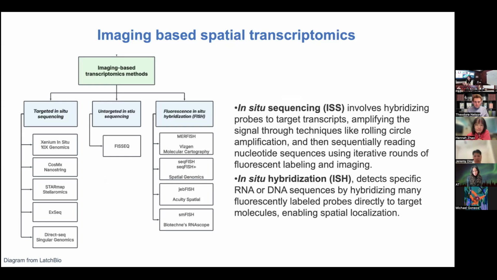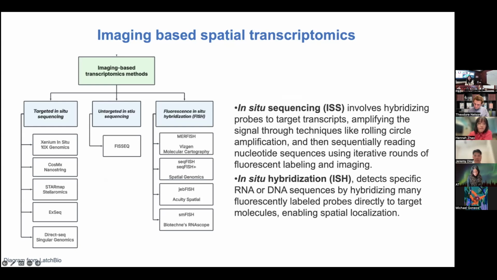And the difference is the detection, right? In situ sequencing involves amplifying the signal through rolling circle amplification, which basically is amplifying the signal after you bind these mRNA probes. In situ hybridization, rather than amplifying the signal, you add additional probes or fluorescent tags or any kind of detection probes to amplify the signal and detect them or understand their spatial localization.